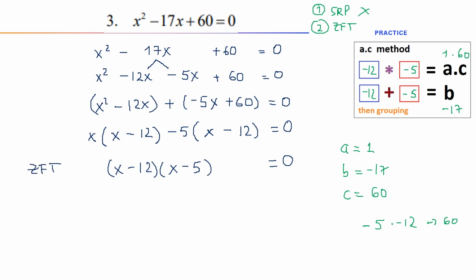Now the zero factor theorem applies. So we have x minus 12 equals 0 or x minus 5 equals 0. So add 12 to both sides to isolate x. This one is 0, and this one equals 12.